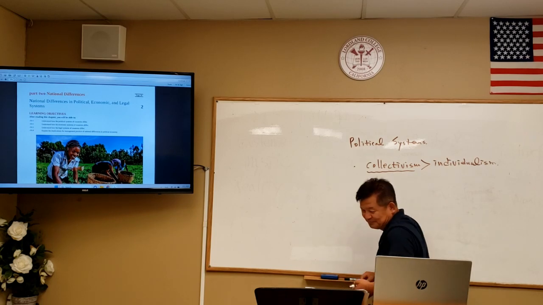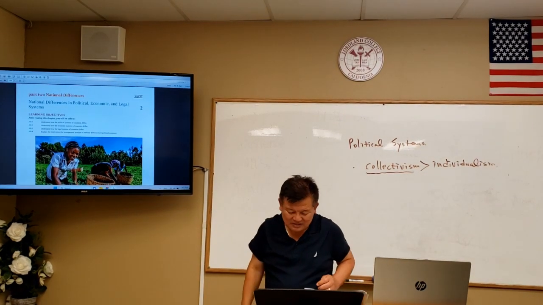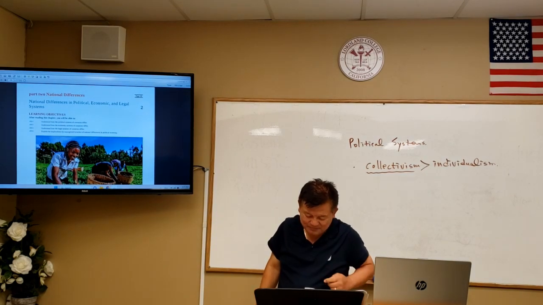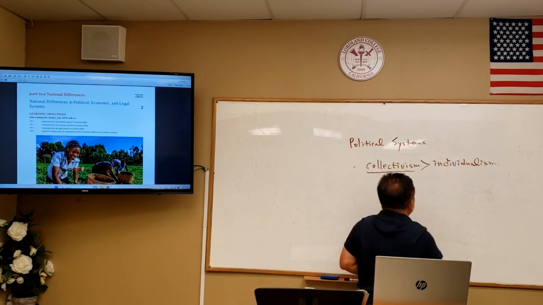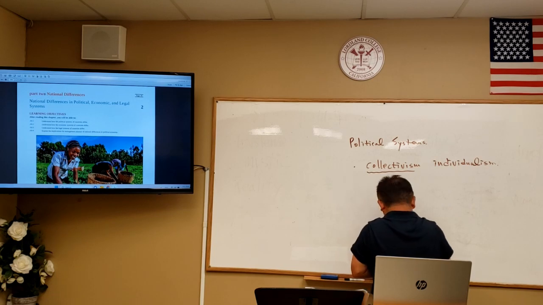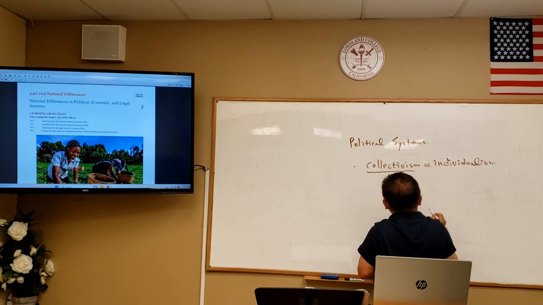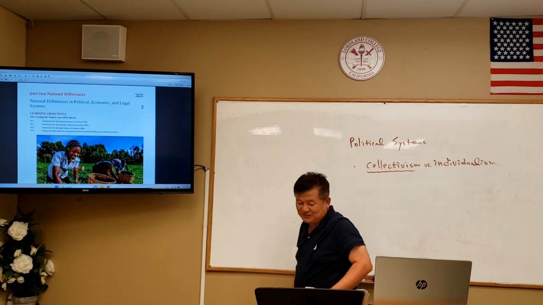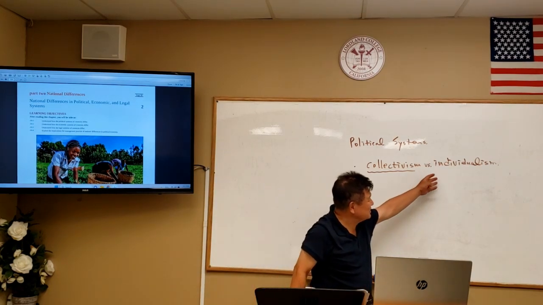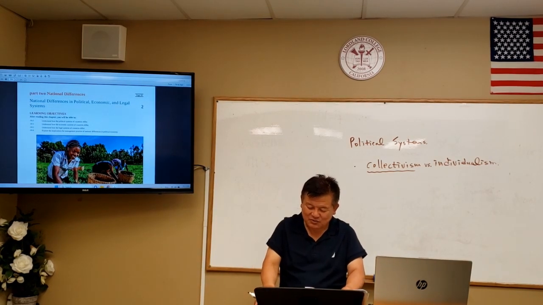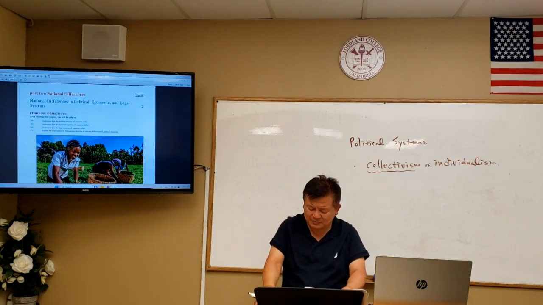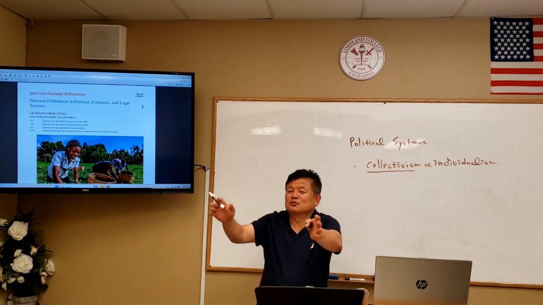First, collectivism and individualism. What is the difference between collectivism and individualism? Collectivism is a system that stresses the primacy of collective goals over individual goals. It means what the group wants.